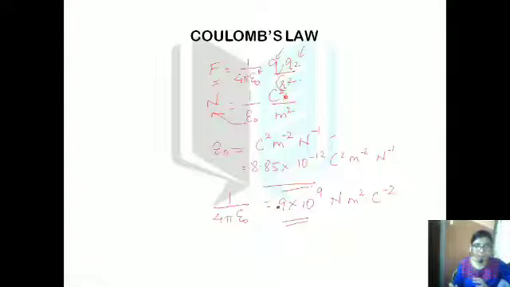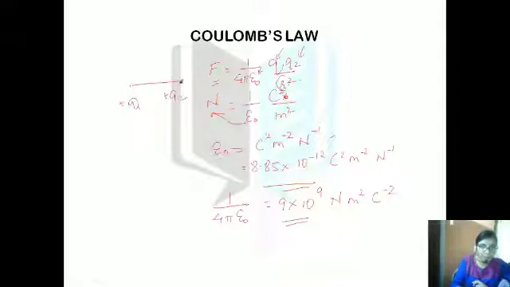This gives the force of attraction or repulsion between the point charges which are at rest. It is directly proportional to the product of the charges and inversely proportional to the square of the distance between them. Suppose this is positive, this is positive.